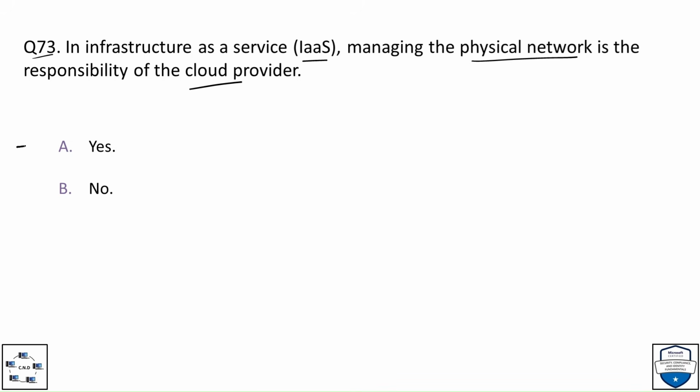The options are option A, yes, and option B, no. Remember that in the shared responsibility model, the management, installation, configuration, and security of all the physical infrastructure, including the physical network, the physical servers, bare metal servers, network devices, cooling, and HVAC, are all the primary responsibility of the cloud provider. So the correct option is, of course, yes.